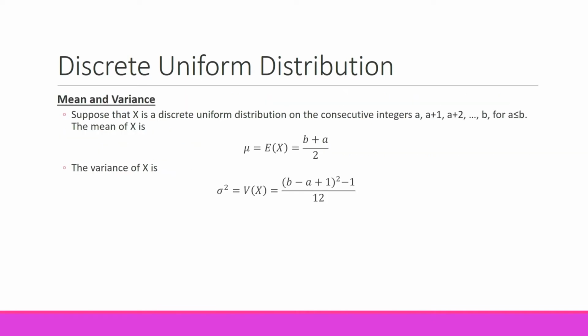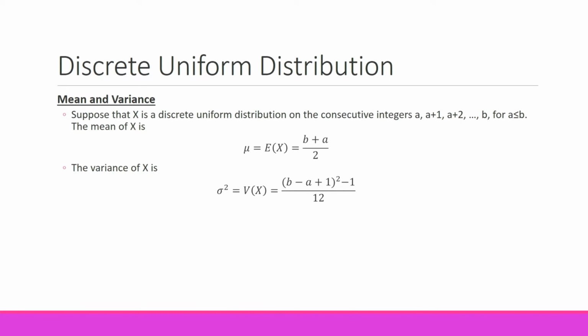Now, if we have a discrete uniform distribution for a variable x on consecutive integers, starting at a, then going to a plus 1, a plus 2, so on and so forth, until we get to b, for a less than or equal to b, then that means that our mean of x, our expected value of x, is going to be (b plus a) over 2.